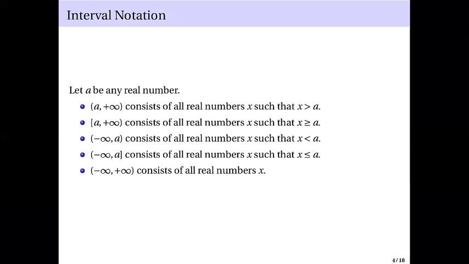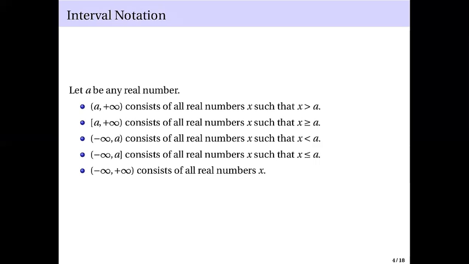You will notice that we don't use square brackets on the side of infinity, because a square bracket means that the number is included. For example, we have a square bracket at A and say that we include A. We cannot include plus or minus infinity because it's just an abstract thing.